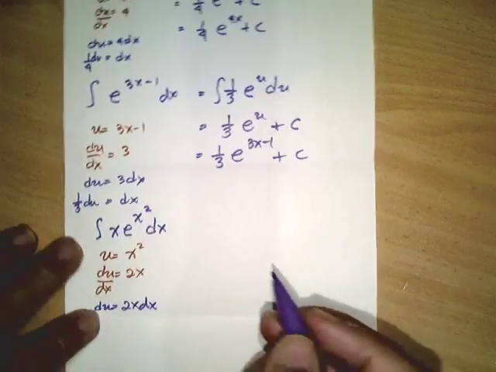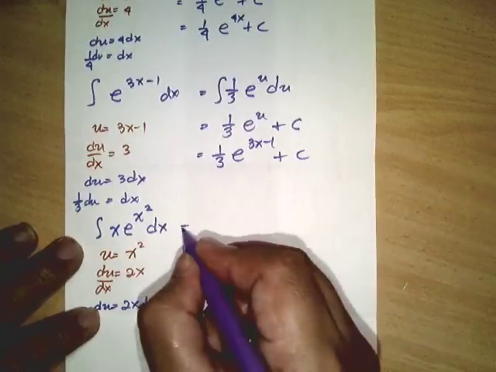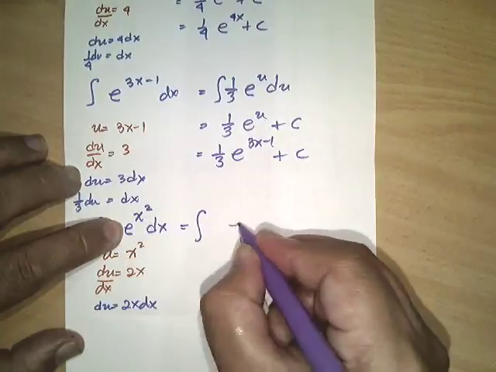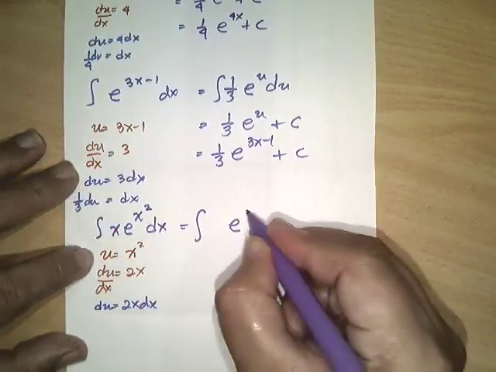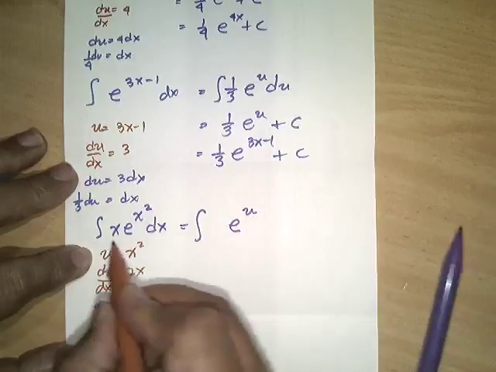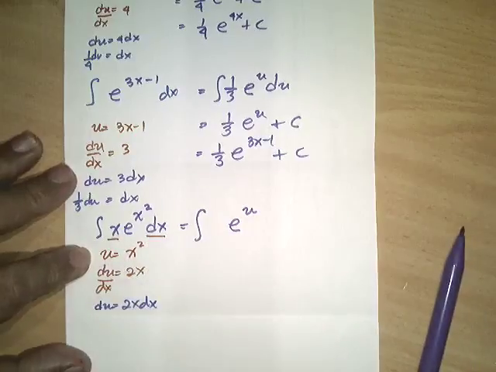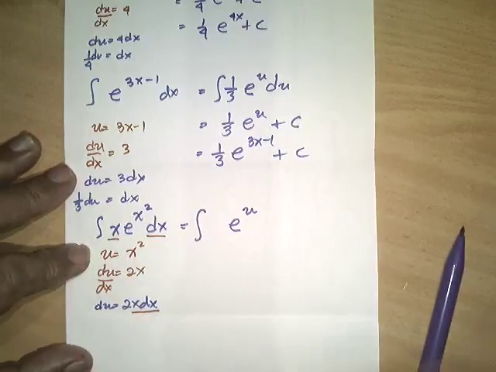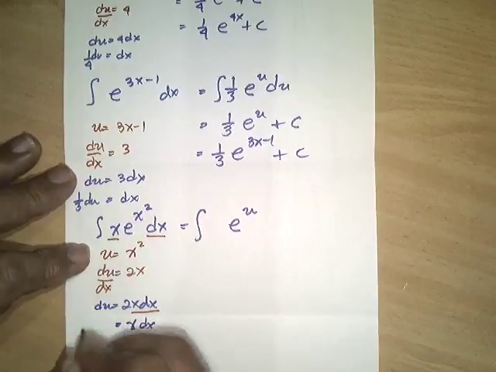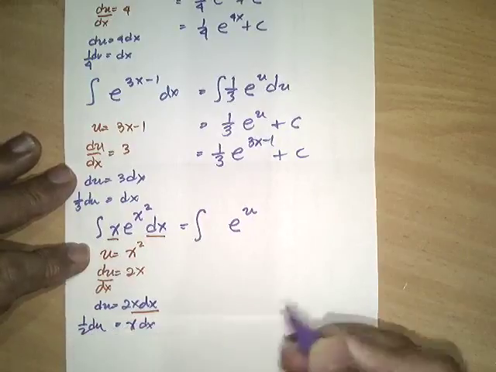So by substitution, copy the integral symbol. That is now e to the x squared, which we let be u, and then you need an expression for x dx. Your x dx is equal to 1 over 2 du.